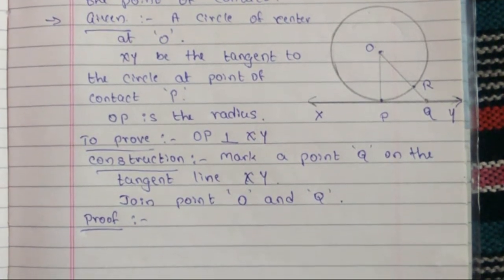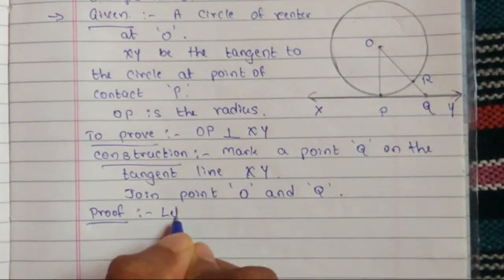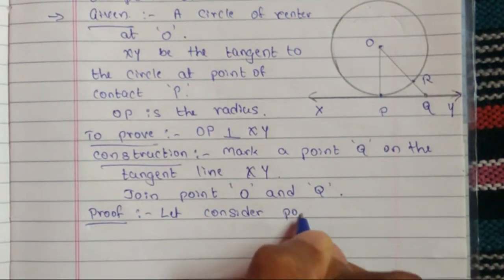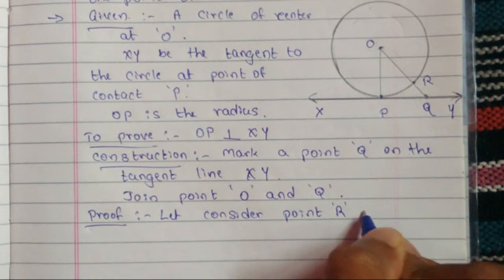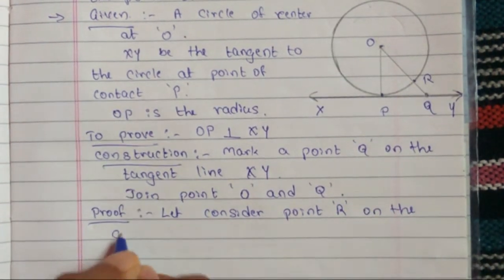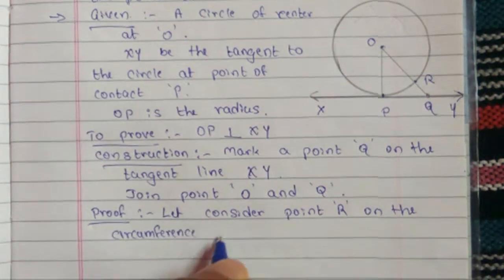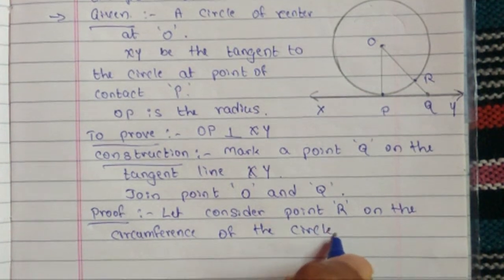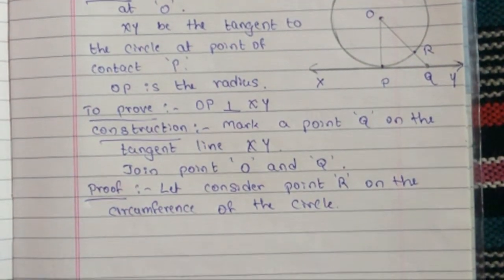Next, here let's consider point R on the circumference of the circle.